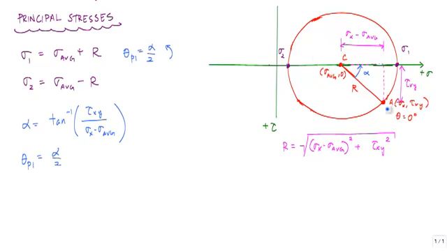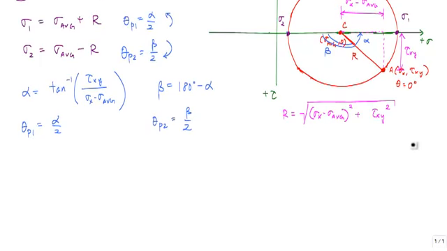Again, this is 0 degrees, and that angle would go right here, and I'll call that beta, and this beta is just 180 minus alpha in Mohr's circle, so I can calculate theta p2 as just beta over 2. In order for me to get to sigma 2 from theta equals 0 degrees, I've got to go clockwise, and that means this theta p2 is equal to beta over 2 clockwise.